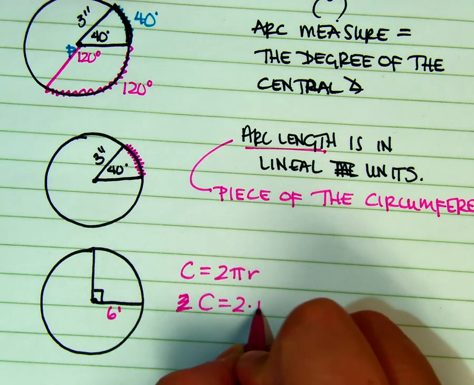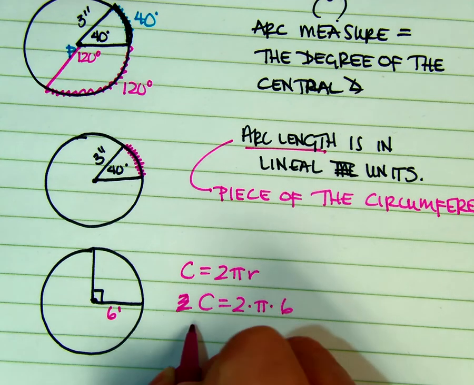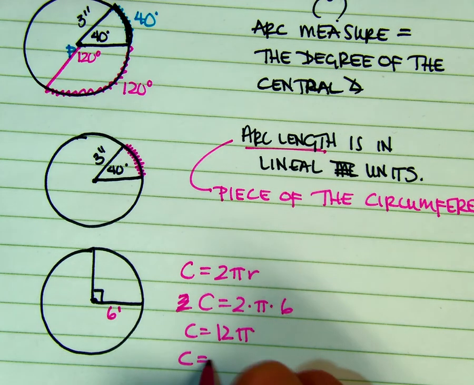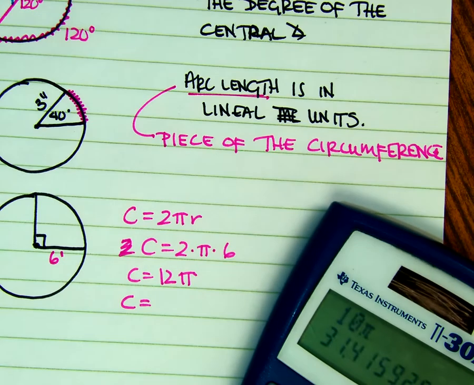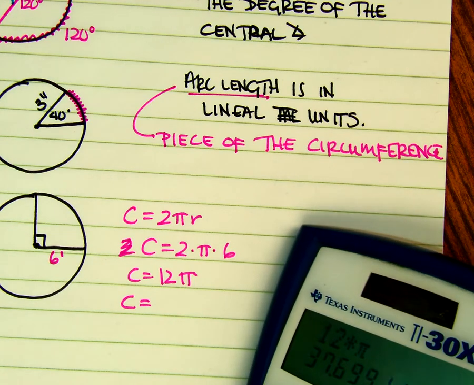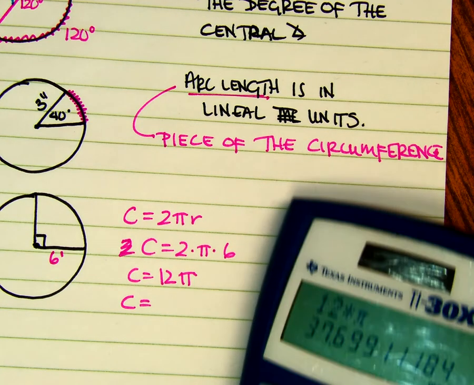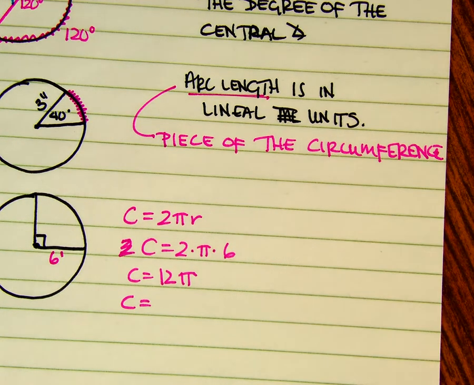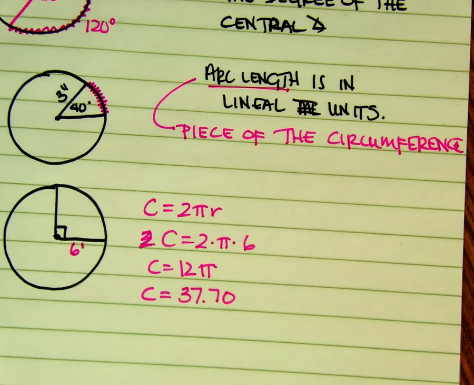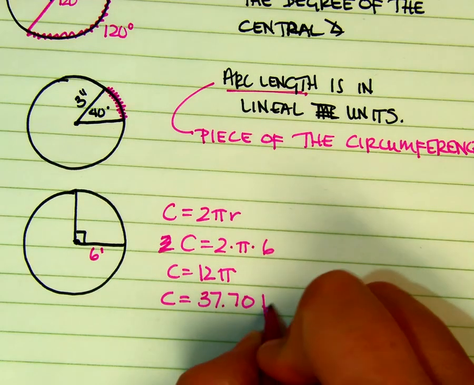Circumference equals 2 times pi times my 6, gives me 12 pi. 12 times pi gives me 37.70 when I round. Okay, 37.70. And this is going to be feet.